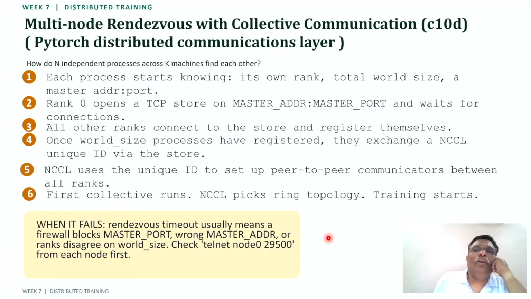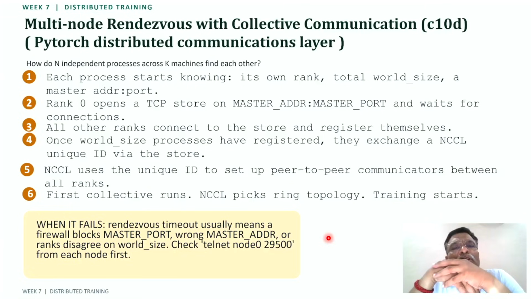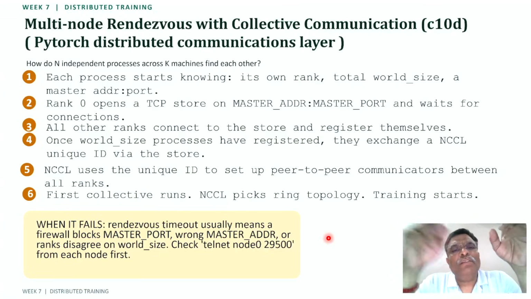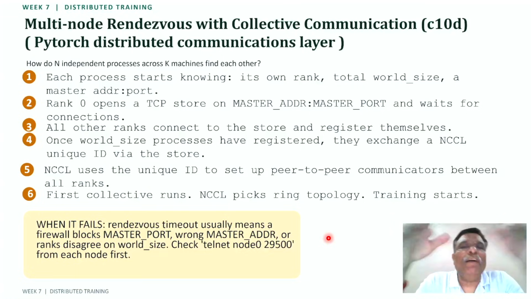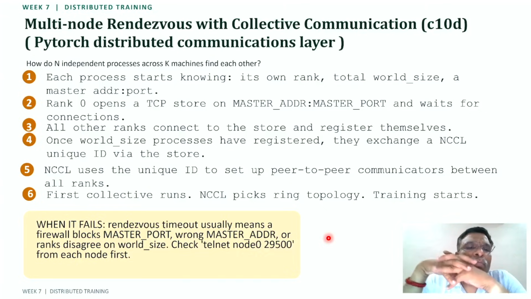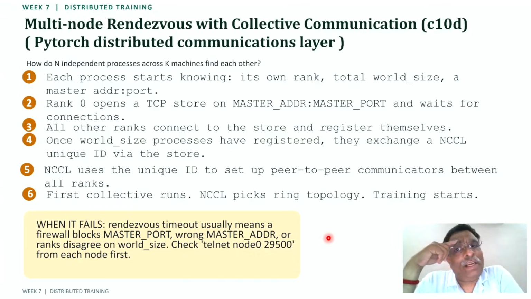When you want to use the PyTorch distributed communication layer, which is called C10D, it is basically a multi-node rendezvous with collective communications. So if there are n independent processes across k machines, how do they find each other? What happens is this is a multi-node rendezvous with collective communication.